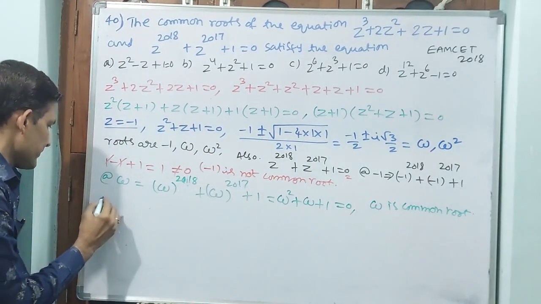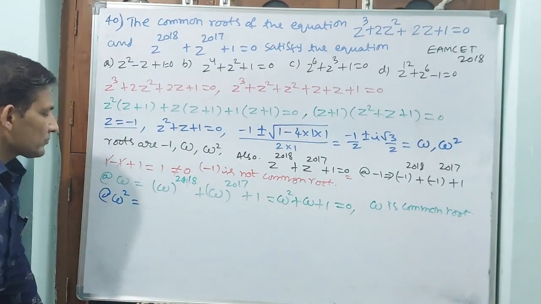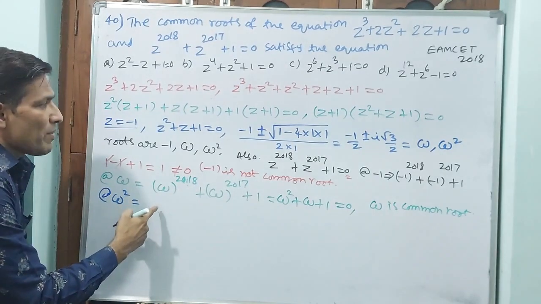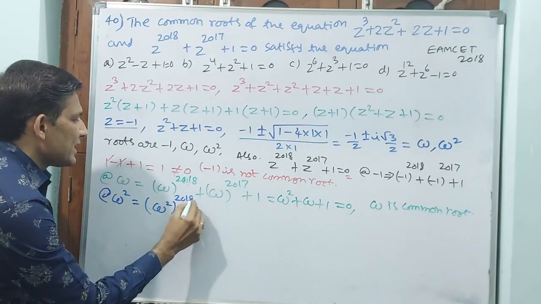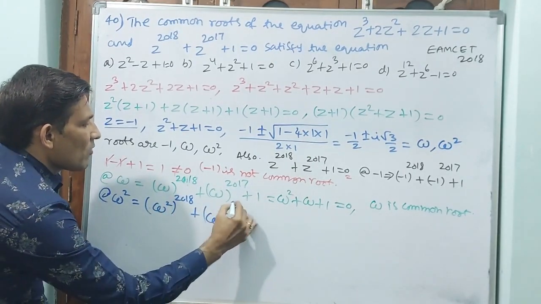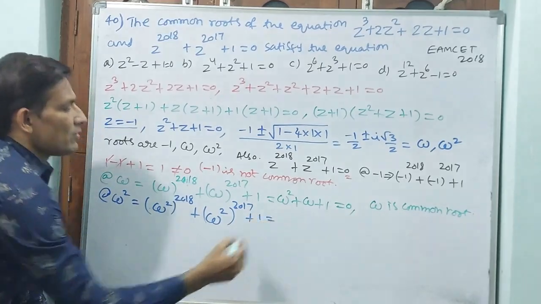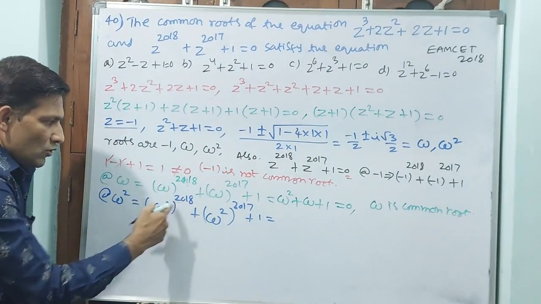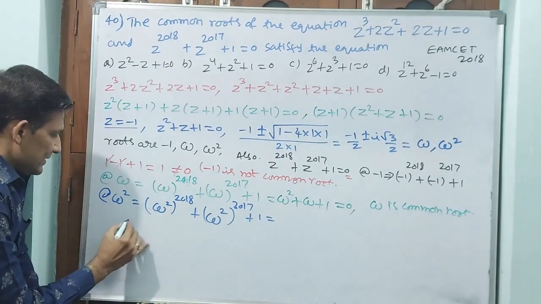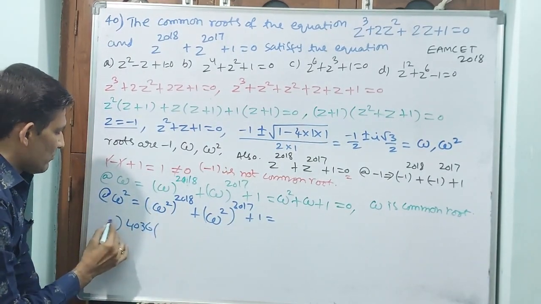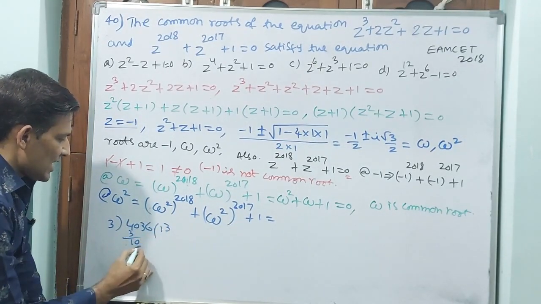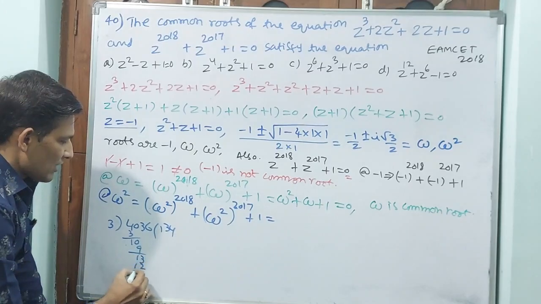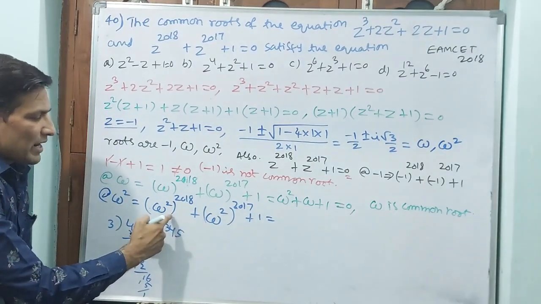At omega square: omega square to the power of 2018 plus omega square to the power of 2017 plus 1 equal to 0. 2018 means 4036. 4036 I am dividing with 3. 3 ones are 3, 10, 3 threes are 9, 13, 3 fours are 12, 16, 3 fives are 15, 1. Remainder is 1. That means omega power 1, omega.